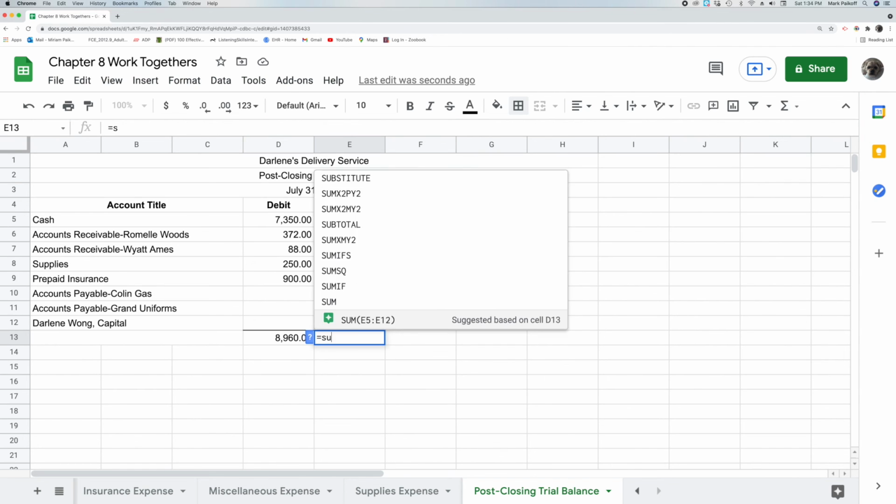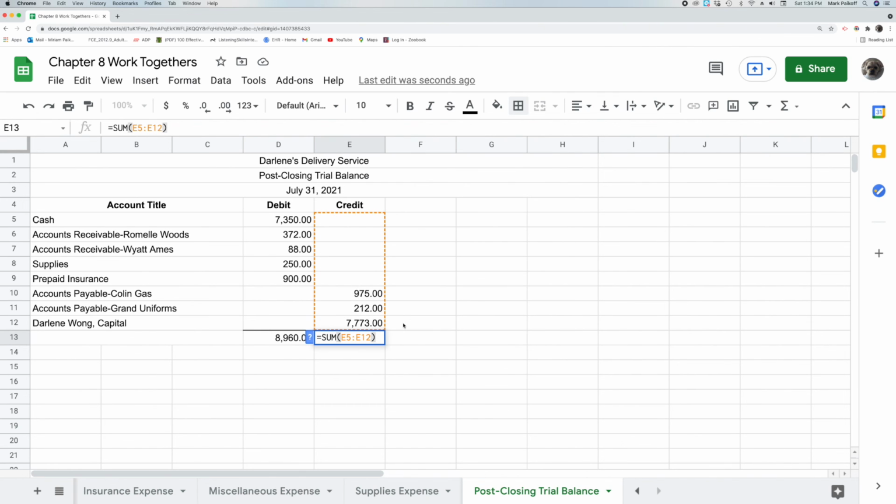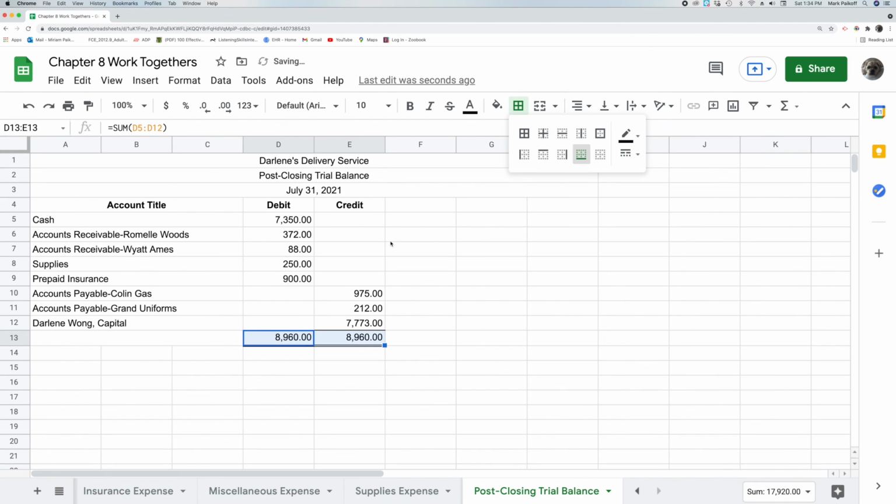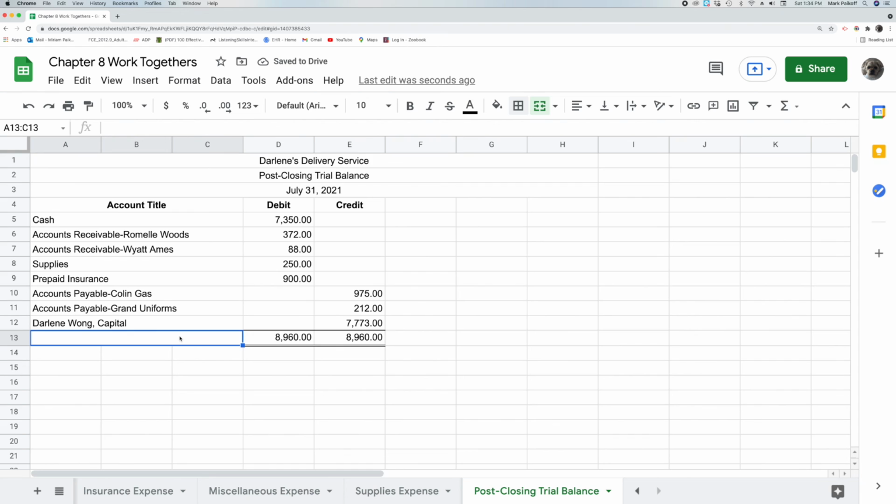We're going to type in equals sum, select cells E5 to E12, and then press enter. And that also gives us $8,960. So since these two numbers are the same, we can draw a double line rule. And the last thing that we're going to do here is identify these two numbers as totals.